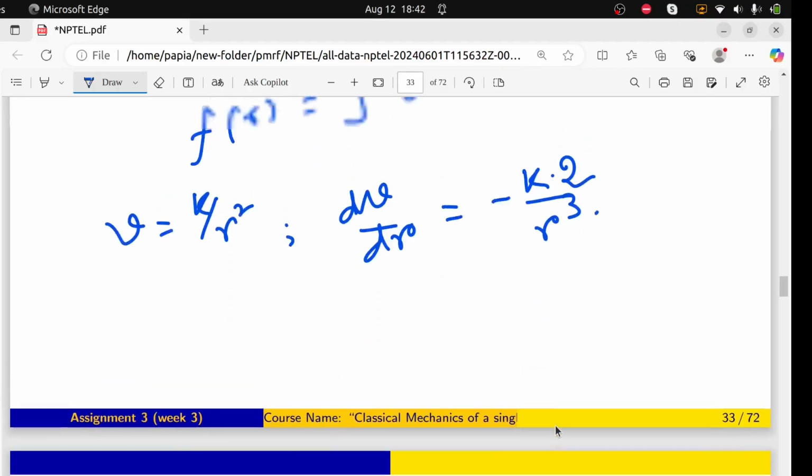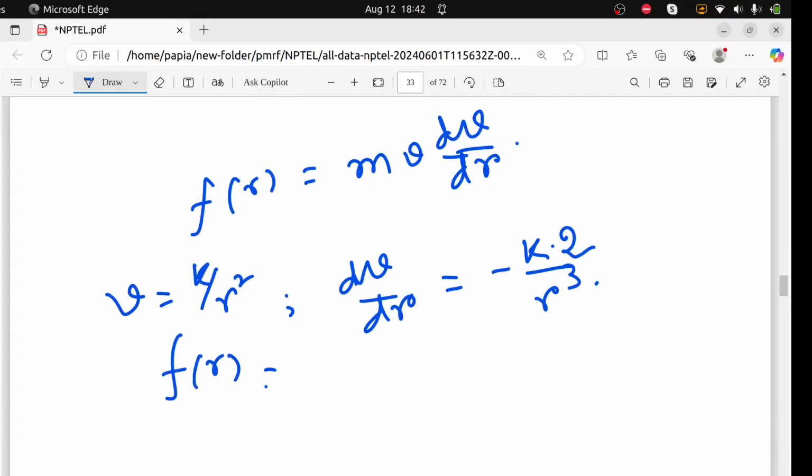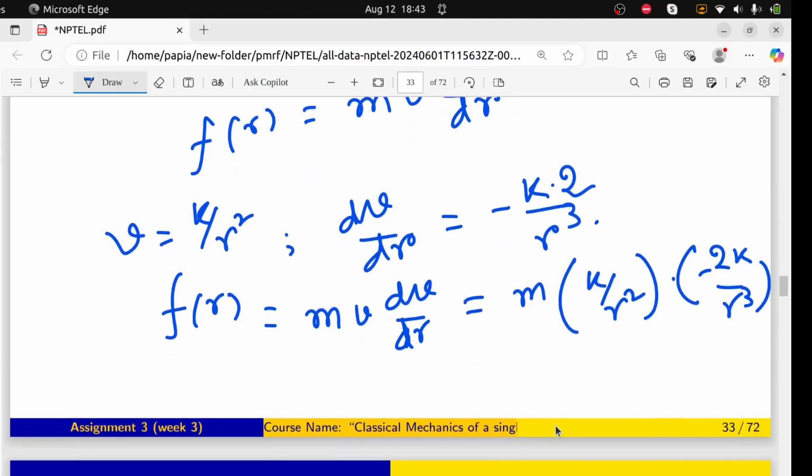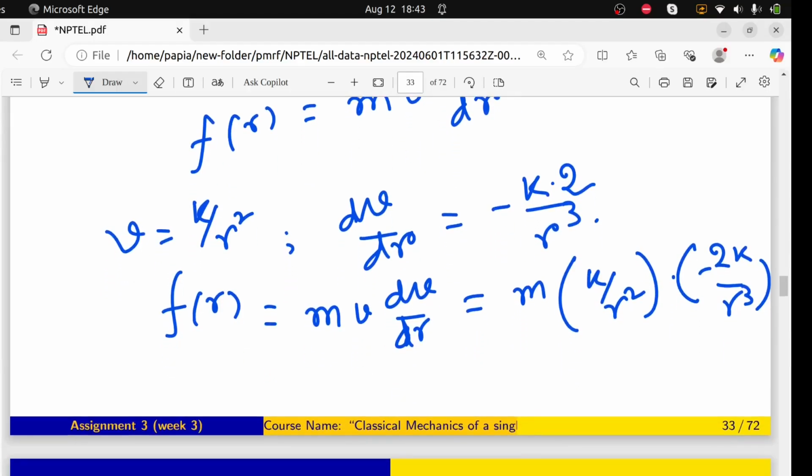So what is F(r)? F(r) is m v dv/dr. So it is m, then k by r square, and then minus 2k by r cube. Basically we just need how F(r) is formed with r.